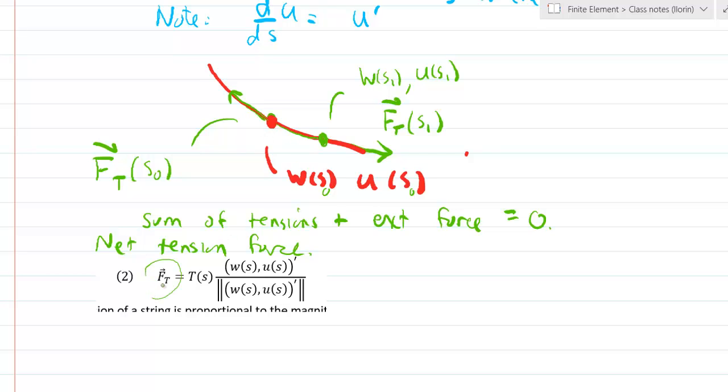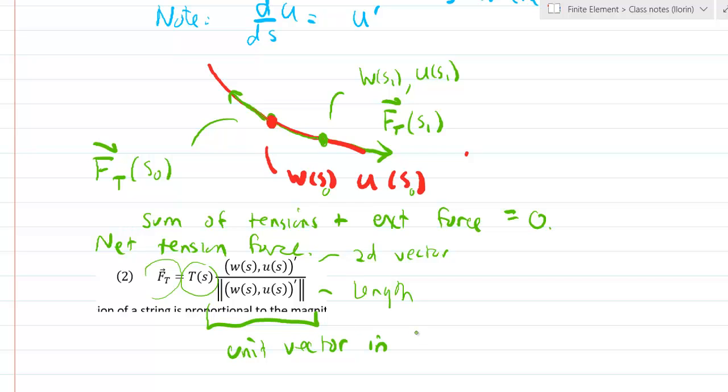Now the force of tension is equal to some constant times this quantity. Now what is this quantity? This is a 2D vector. And this is a length. So in fact, what this quantity is, this is a unit vector in the direction of the string.